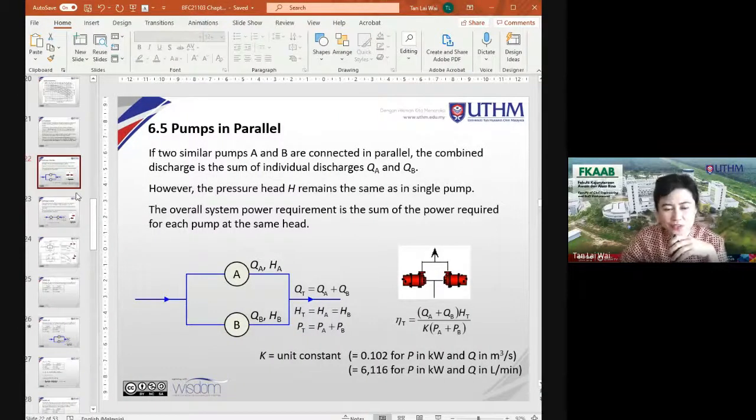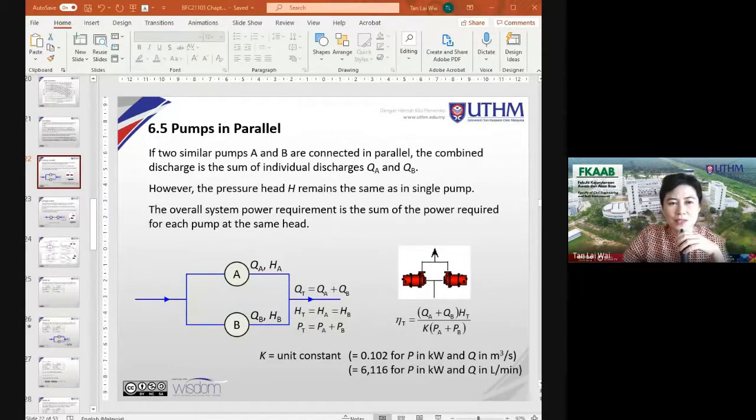We are going to finish up our chapter 6 today. Now, the last session we stopped at the arrangement of pumps in parallel and series. There are differences in the total of discharge, the head, as well as how you compute the efficiency.